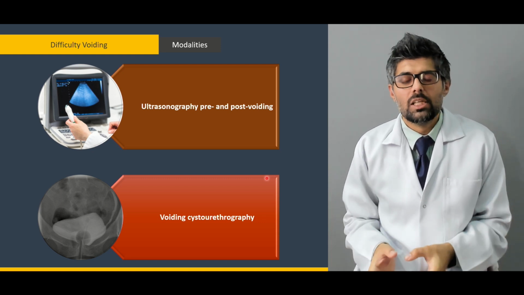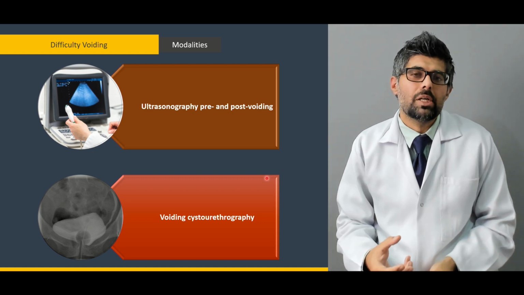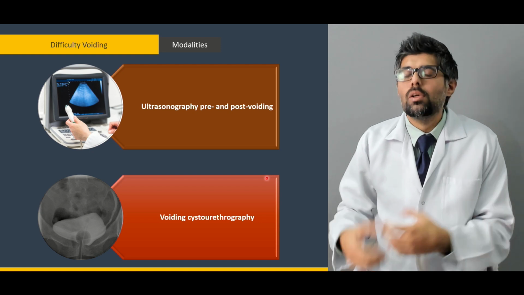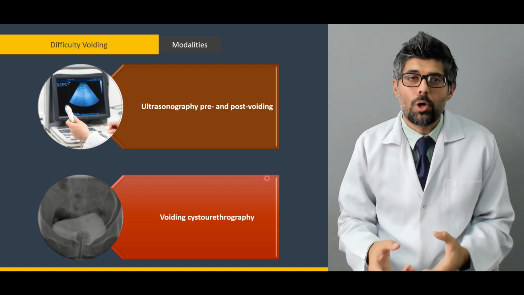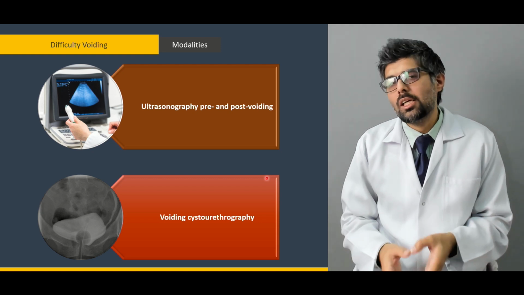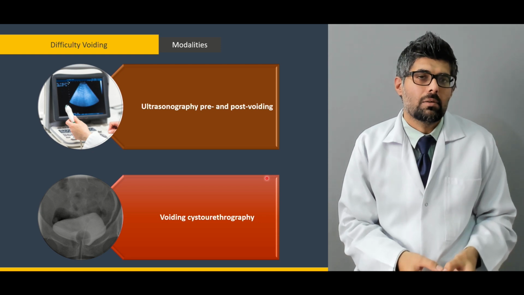The other modality that is usually performed is a voiding cystourethrogram. Now, in this technique, what we do is that we introduce contrast media inside the urinary bladder, and then we ask the patient to void the urinary bladder. And while the patient is voiding it, a series of radiograms are taken.